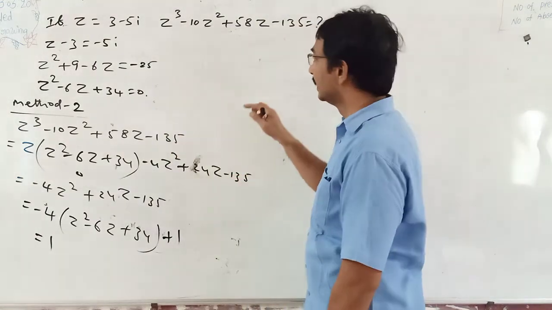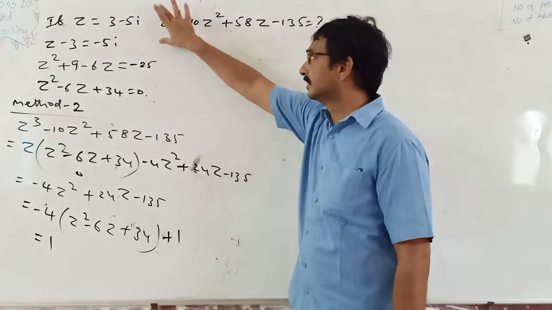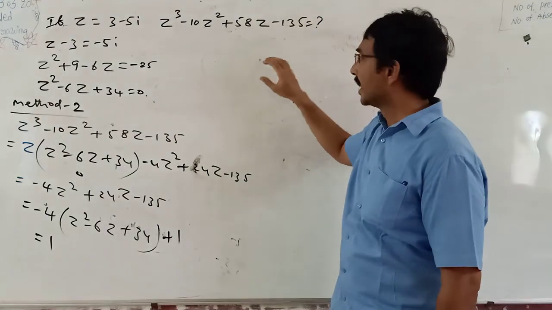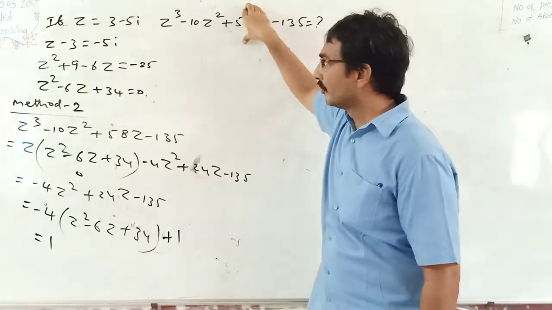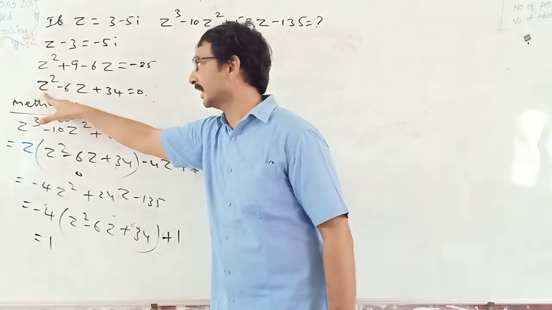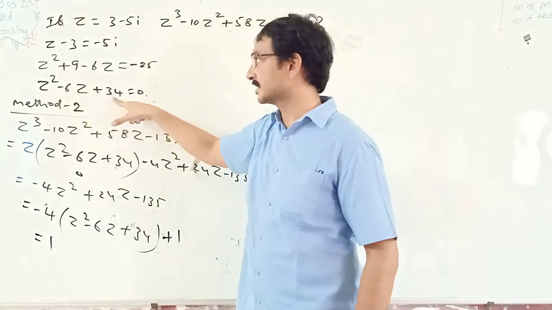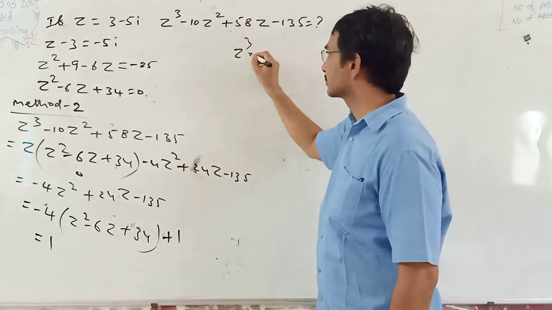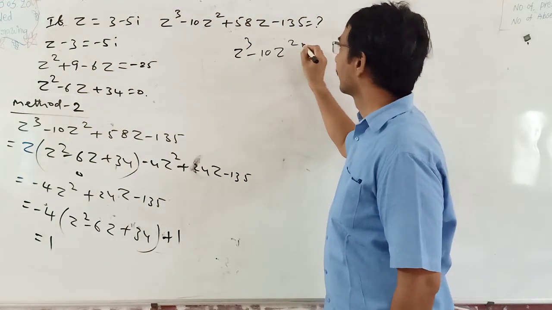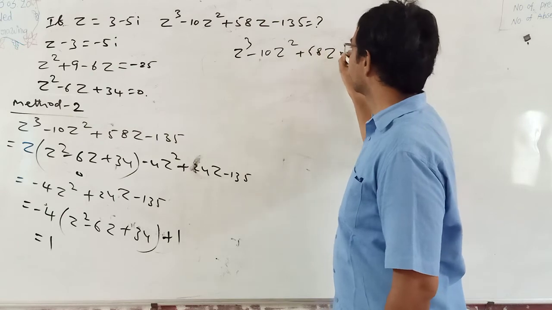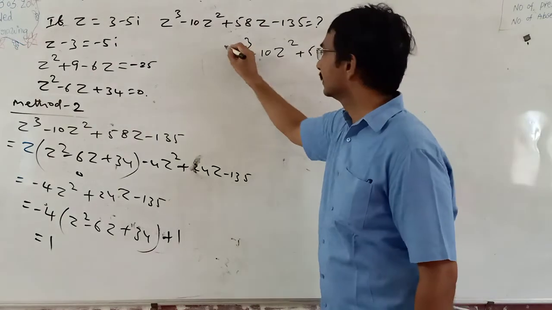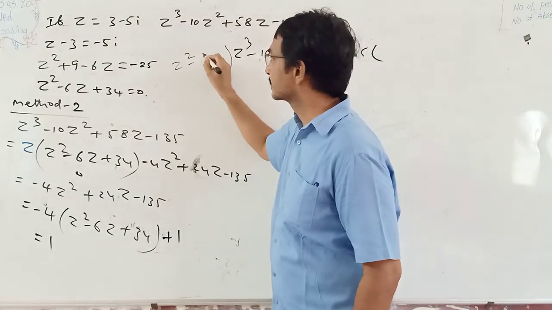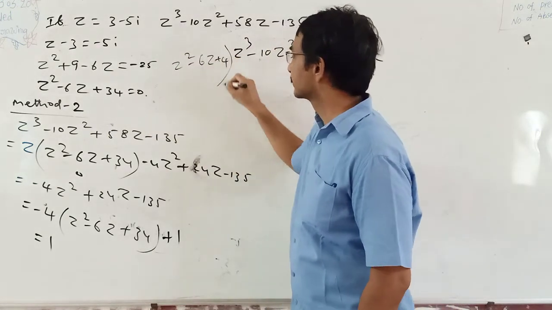The working rule is easy: the answer is the remainder when this is divided by the second degree expression z square minus 6z plus 34. I am finding the value of this one by using the third method. Divide the required one with this second degree expression.